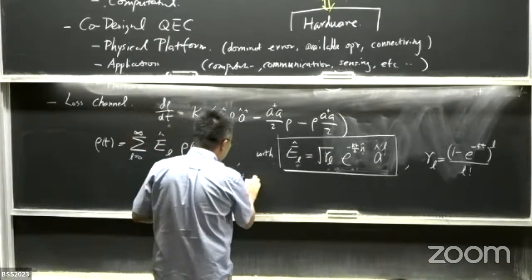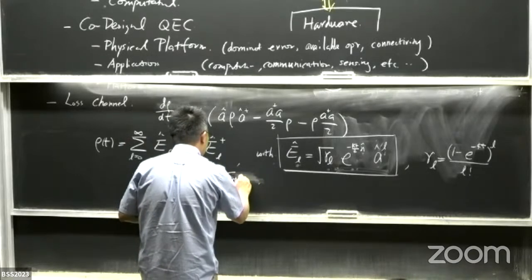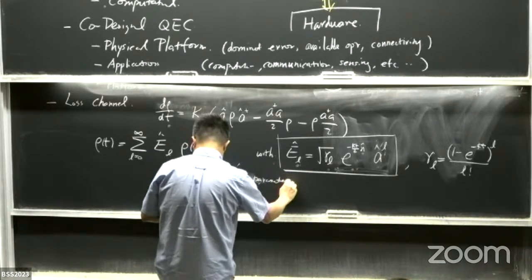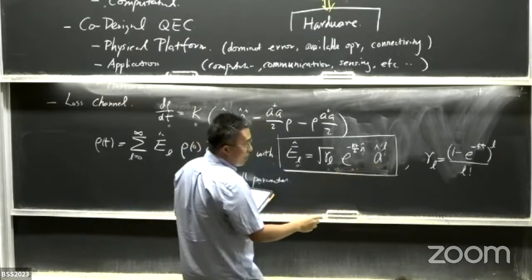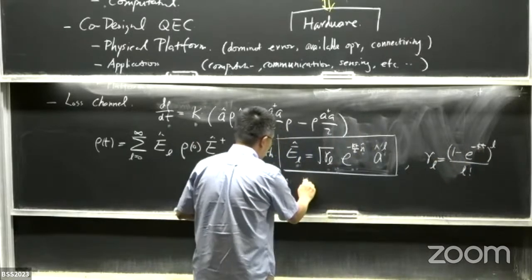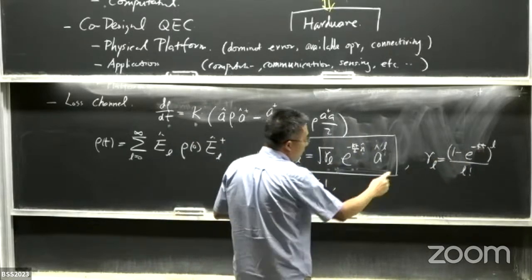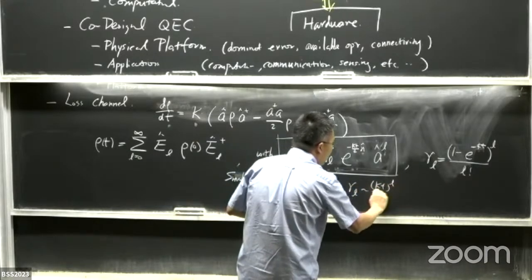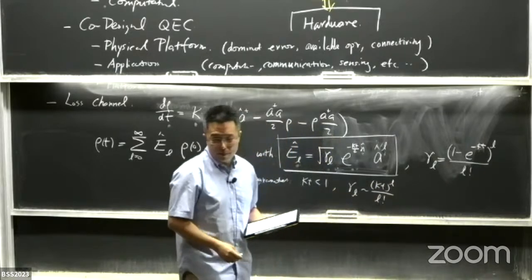There is a small parameter, which is this gamma_L. For example, let's say kappa t is much less than 1. Then gamma_L is essentially kappa t to the power L divided by L factorial.